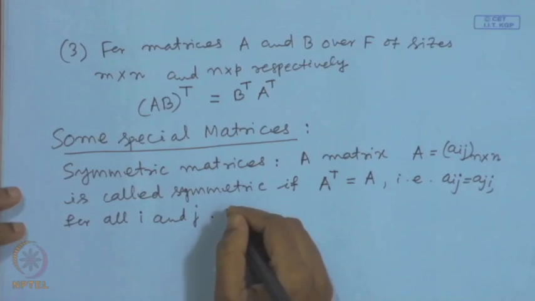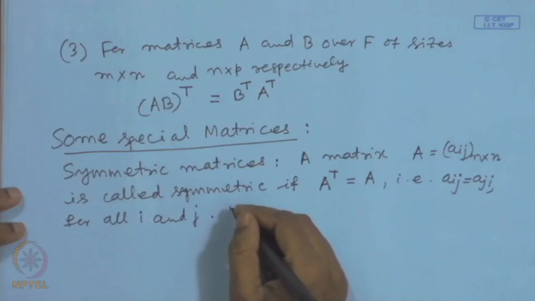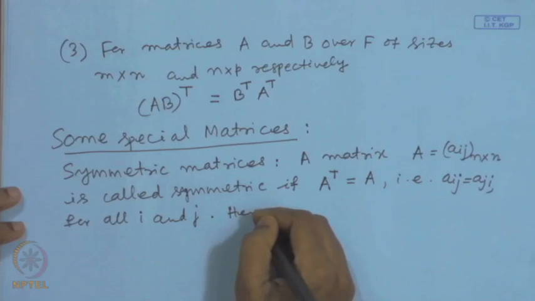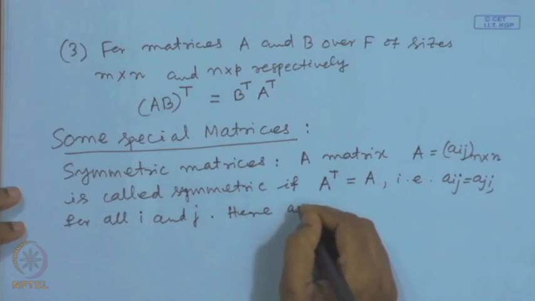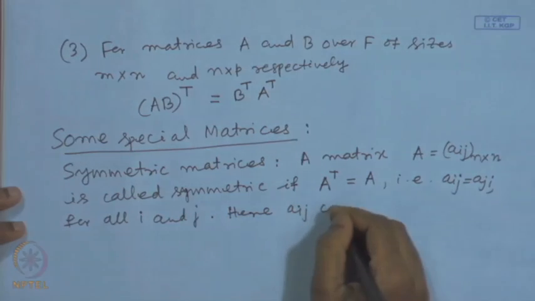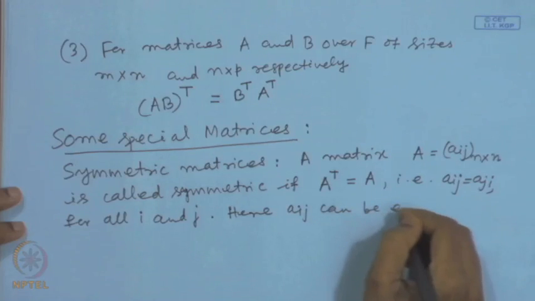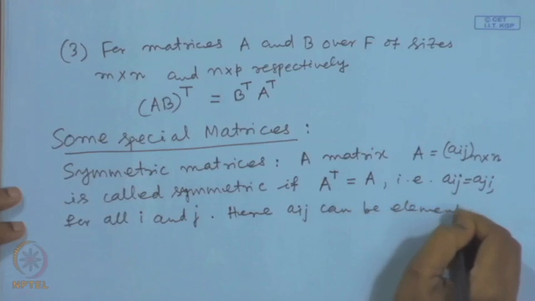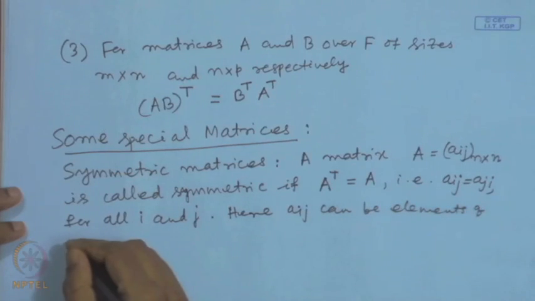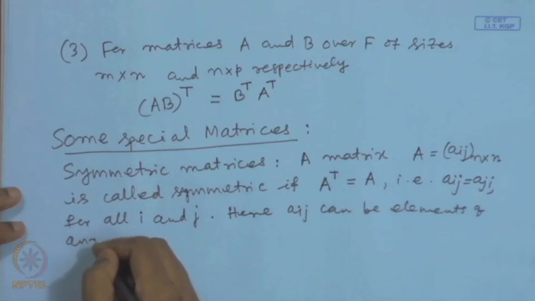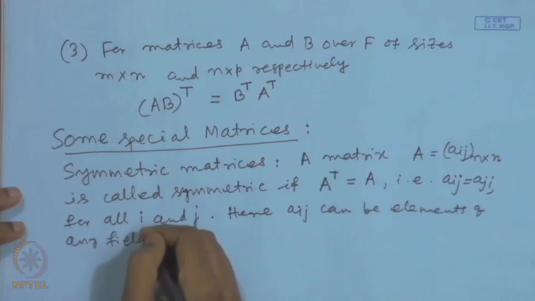Here the entries Aij can be elements of any field, of course.